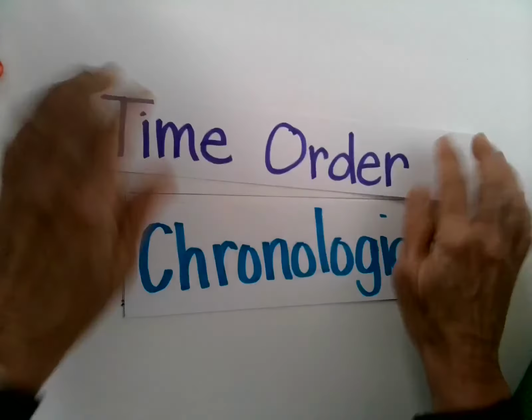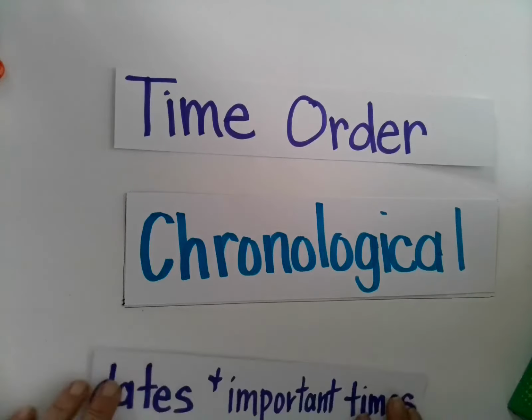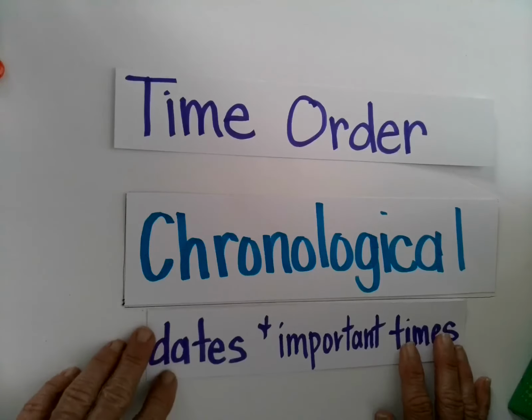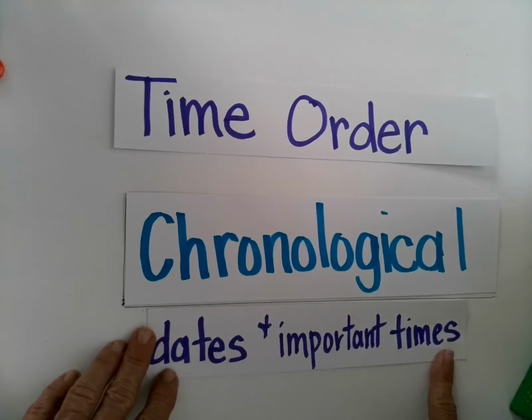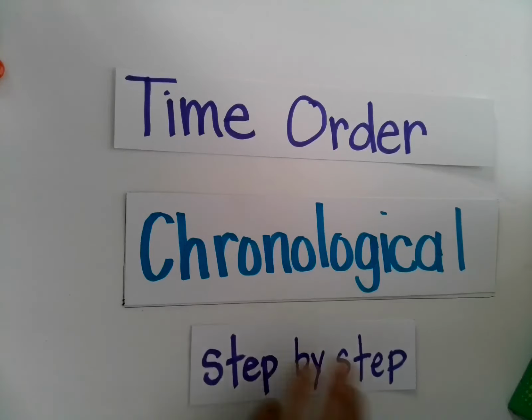Simply time order. Authors and writers, when they're using this type of structure, you'll see dates or important times in order from start to finish. Or you may see some directions using step-by-step directions.